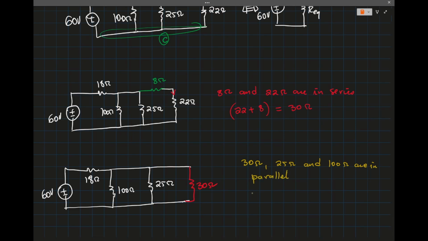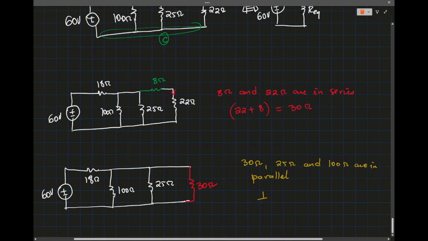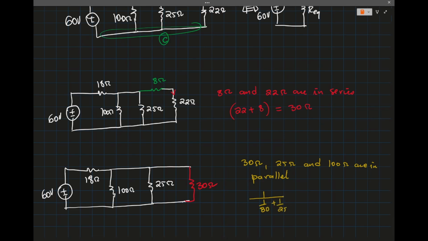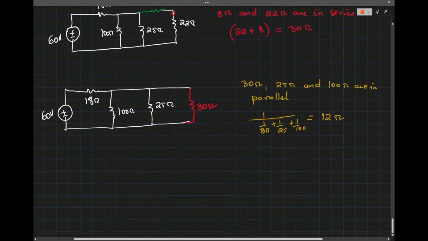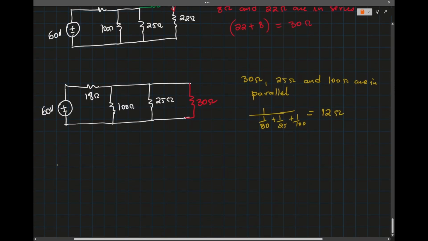So the equivalent resistance will be 1 over, 1 over 30 plus 1 over 25 plus 1 over 100. Let's calculate that. That's 12 ohms.